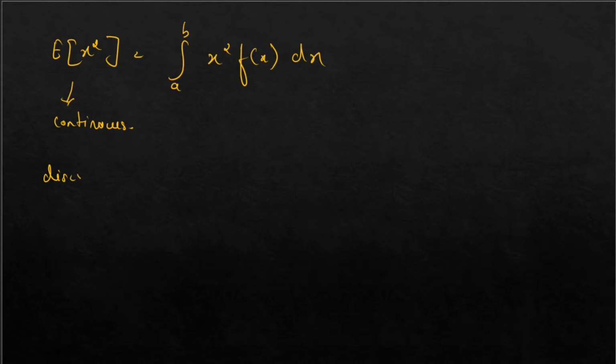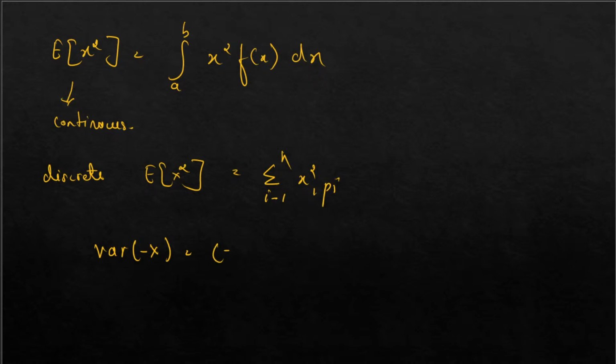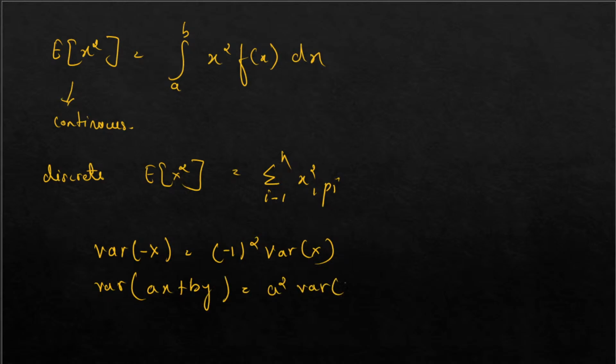And for discrete, e of x square is summation of i equals 1 to n x square p i, and variance of minus x equals to minus 1 square var x, and var of ax plus by, which is a square var of x plus b square var of y.